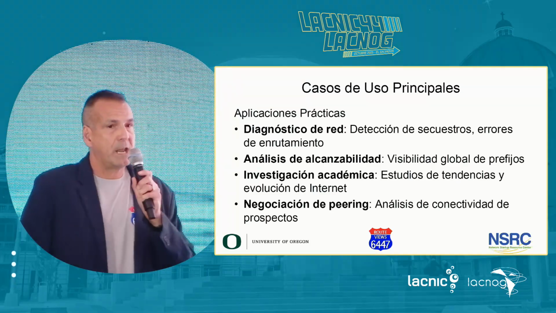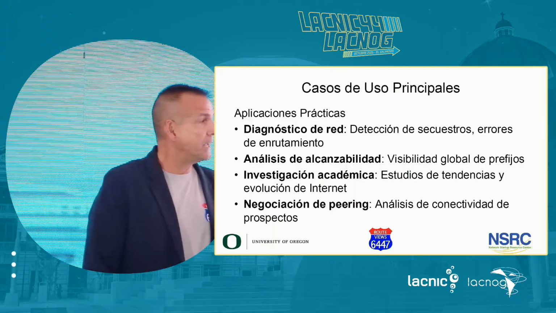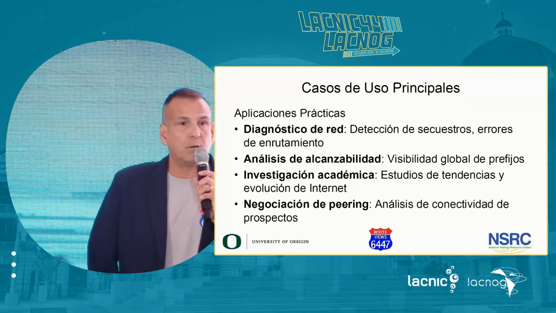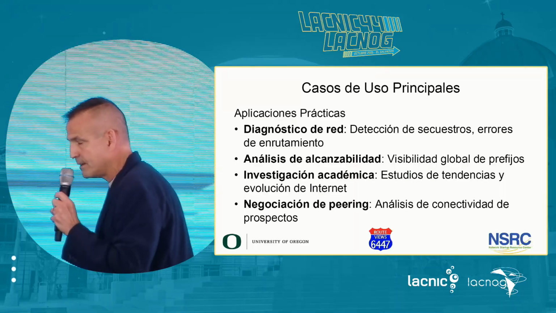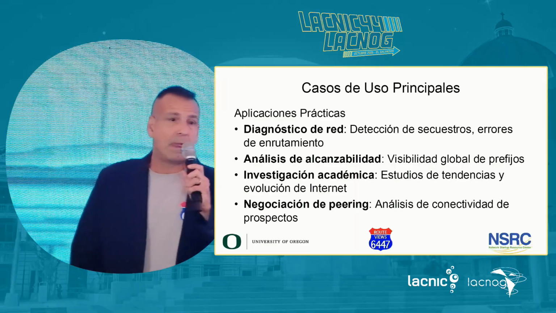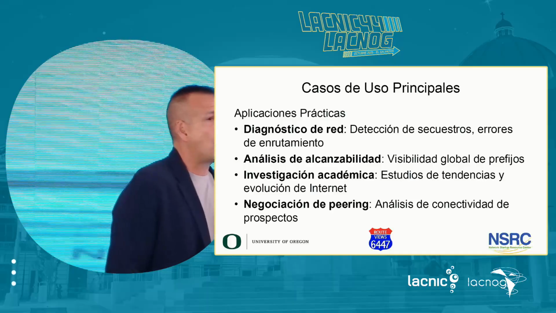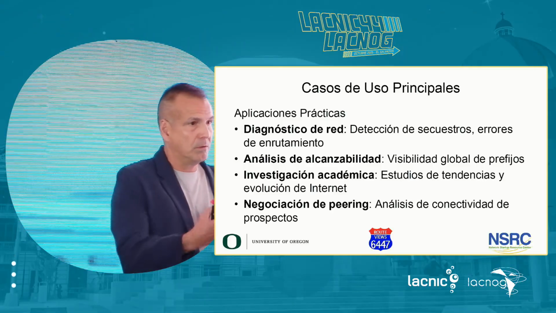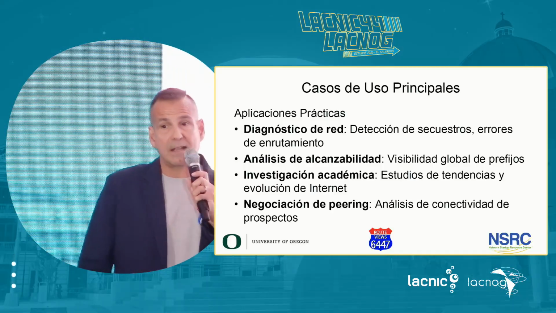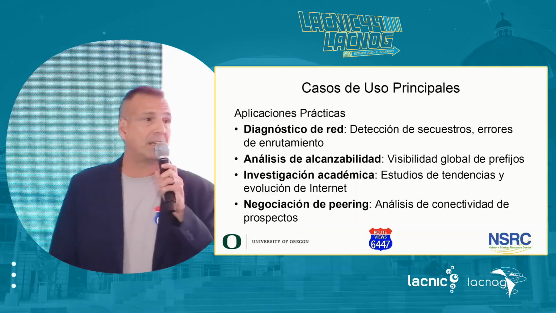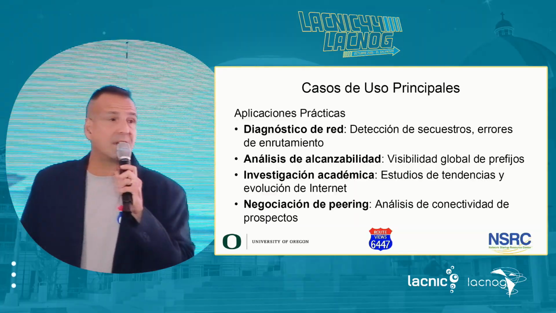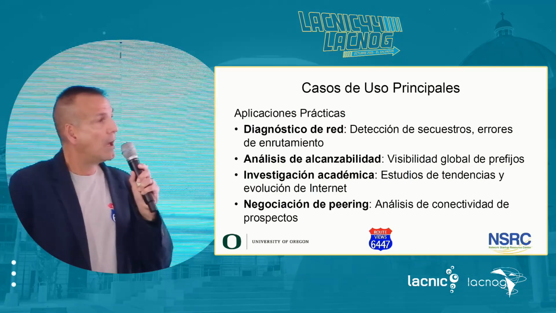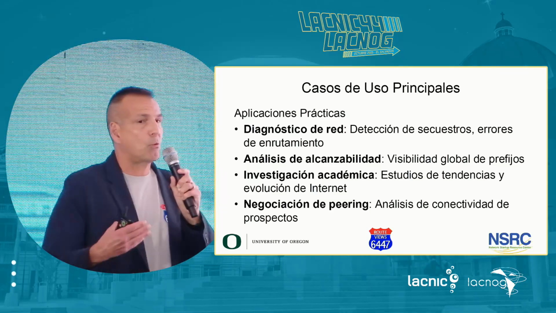And the other use case could be negotiation, peering negotiation. If I want to provide my clients the best possible service, I can assess where I could offer a better reach or less latency or delay to my clients.